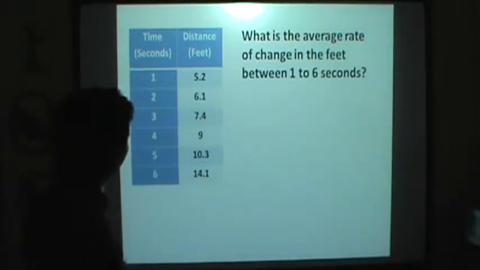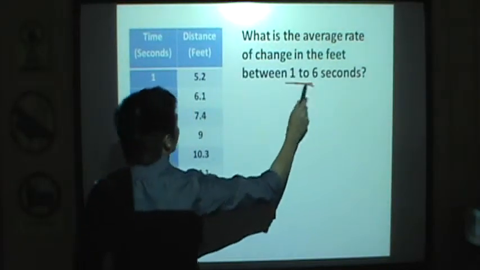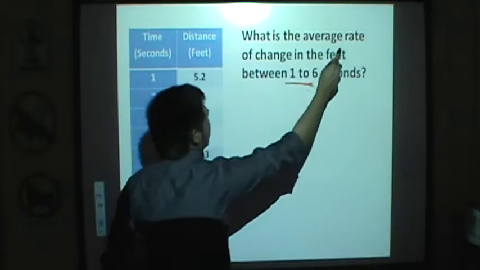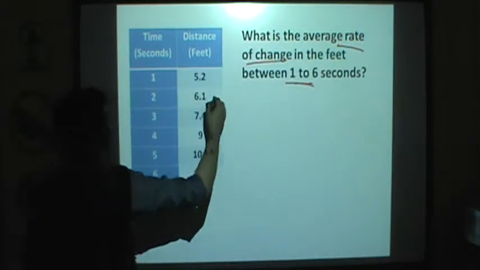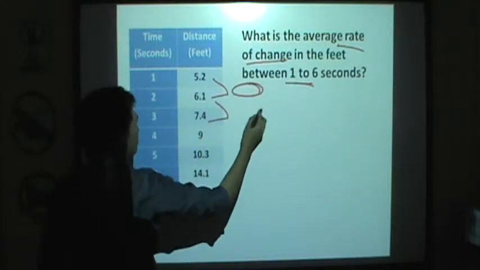I think I told you that since we're talking about 1 to 6, then we can just go ahead and get the rate of change. Rate of change is just subtracting. Subtract this by that, subtract this by that, and then write the answer here.